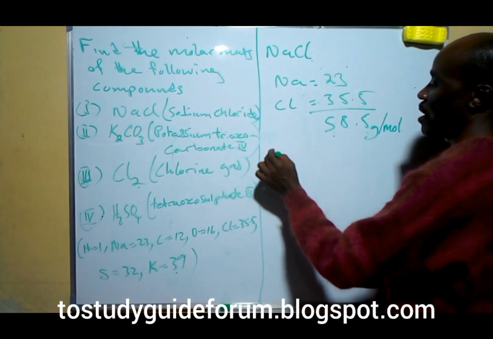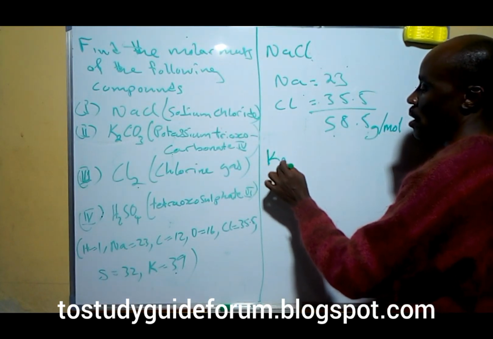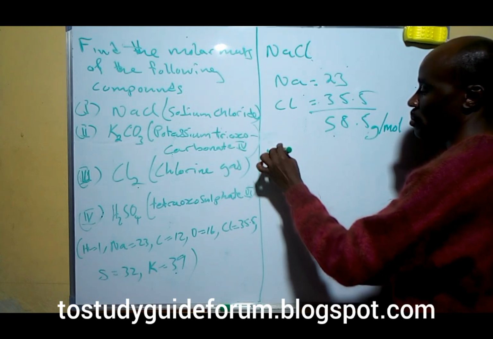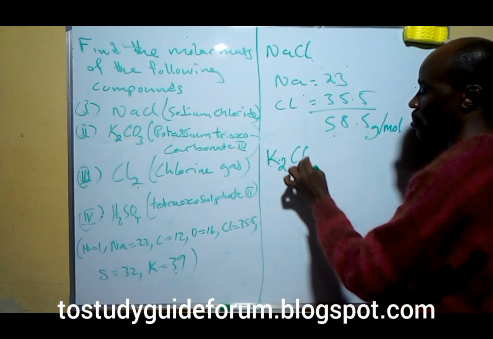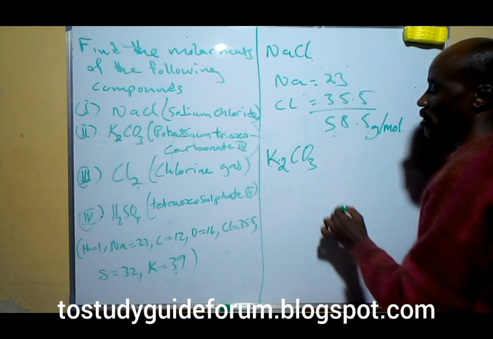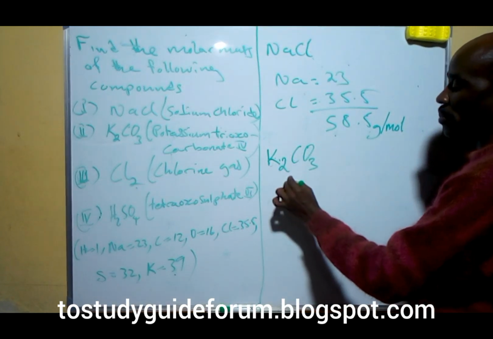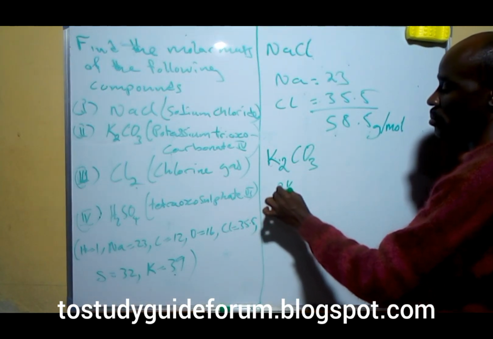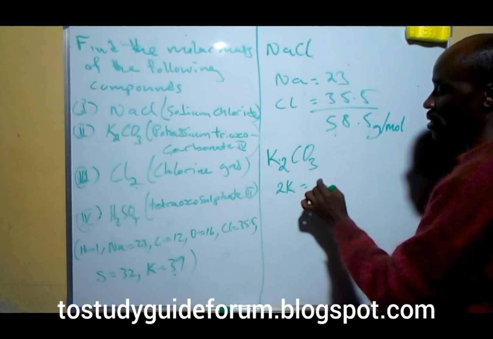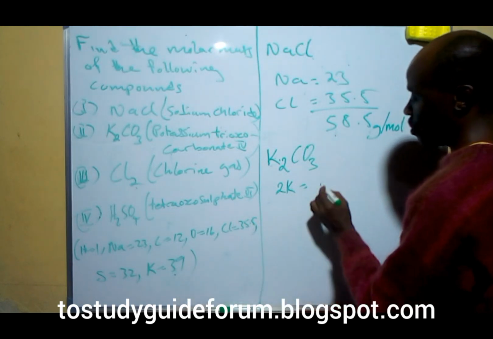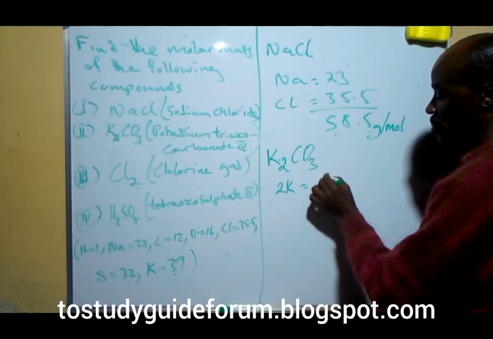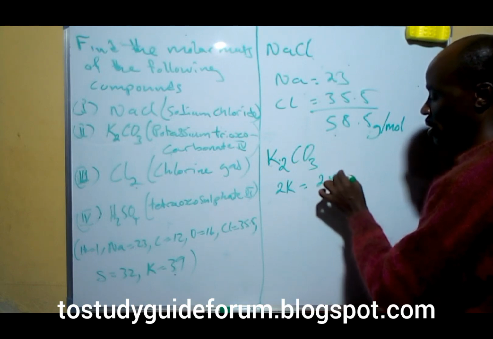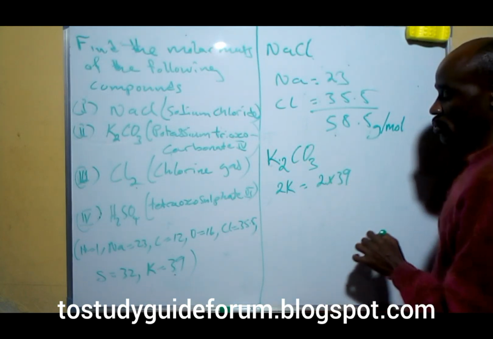The second one, we have potassium trioxocarbonate. We know that potassium here is 2. That means the relative atomic mass of potassium will make it 39 times 2.